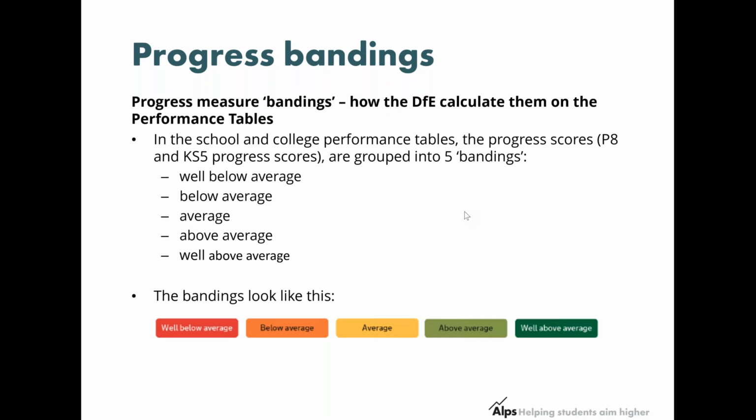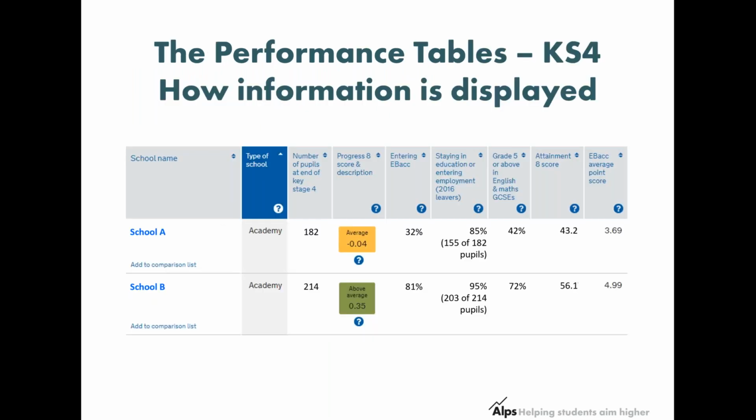That banding then goes across Key Stage 4 and 5. Here is a typical performance table for Key Stage 4. There are two schools here, and you're going to get a Progress 8 score that rotates around 0 and is categorised according to those colours.